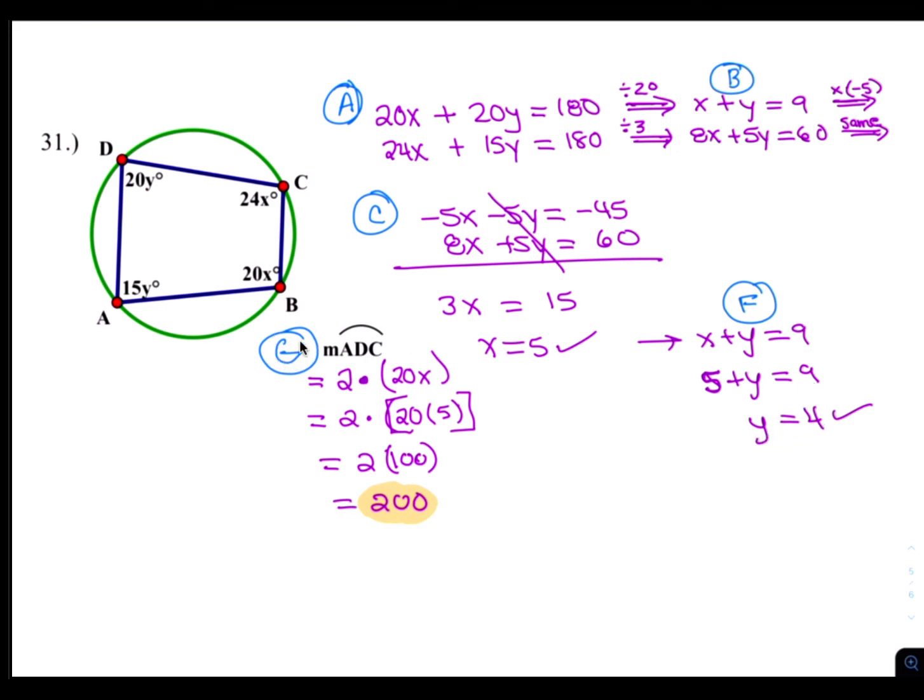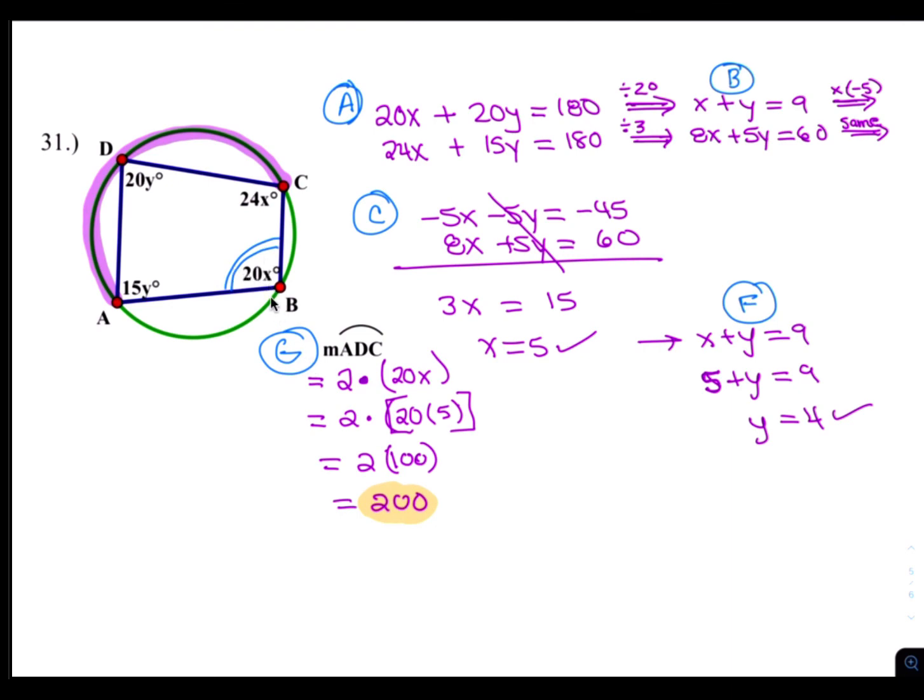That takes us over to step G, finding the measure of ADC. Now the measure of ADC is this arc right here. That is, arc ADC is this purple arc, and that purple arc is twice as much as this inscribed angle here, which is 20x.